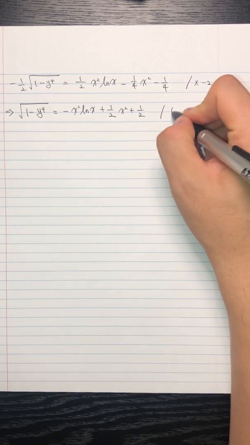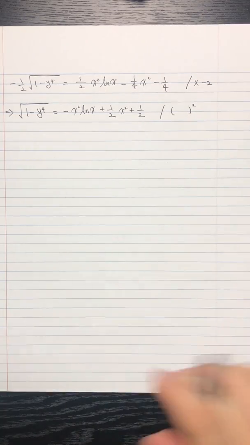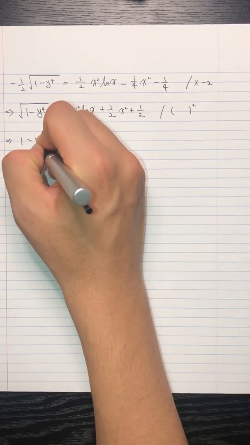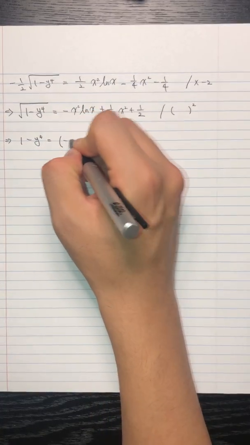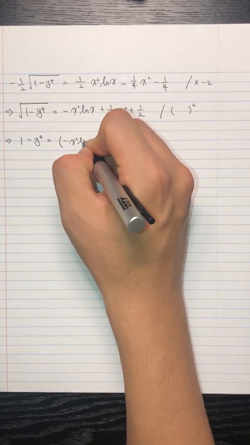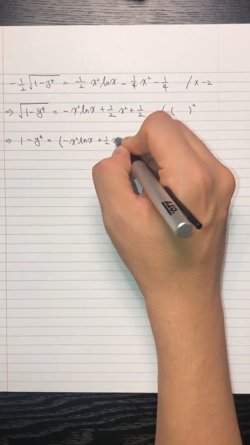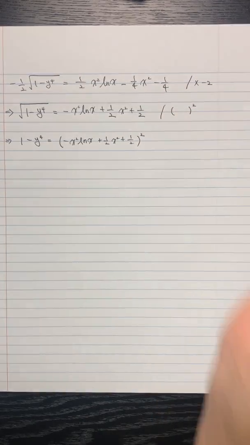And now we can square the whole equation. So 1 minus y to the fourth power equals (minus x² ln x plus 1/2 x² plus 1/2) squared.